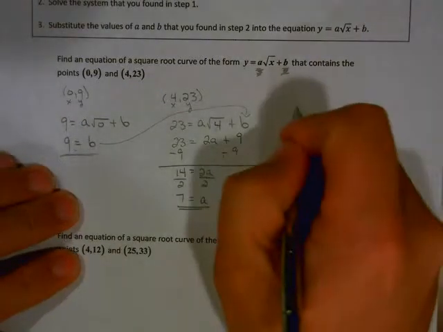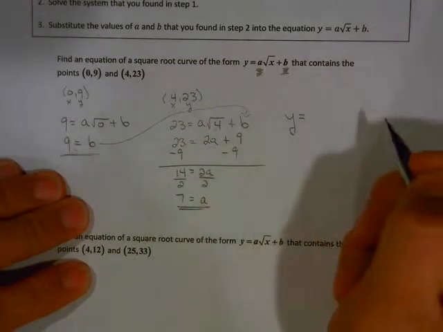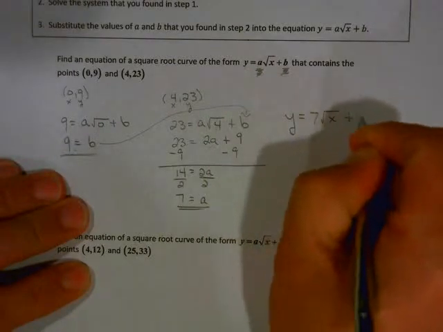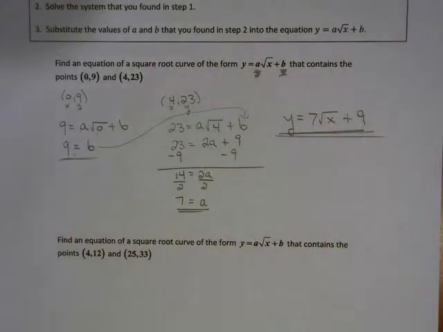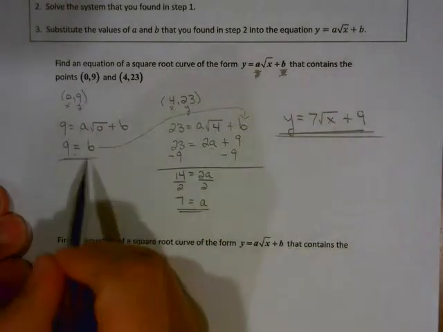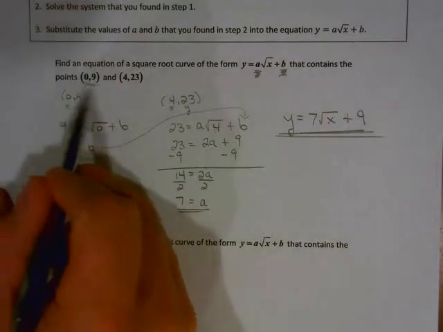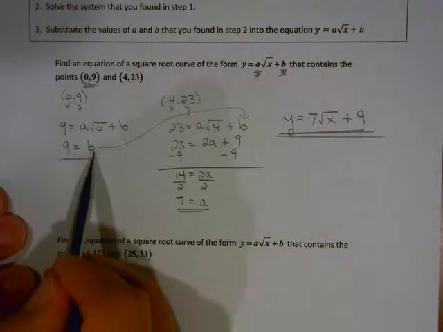So we have our a, we have our b. Remember, we're looking for the equation, so y equals 7 square root of x plus 9. So that's going to be our model, our equation that contains these 2 points. Now this was nice because we had the y-intercept, and if you have the y-intercept, you know what b is going to be.